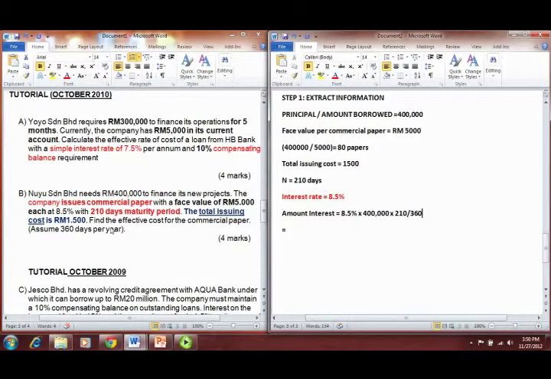So 8.5% times 400,000 times 210 divided by 360.